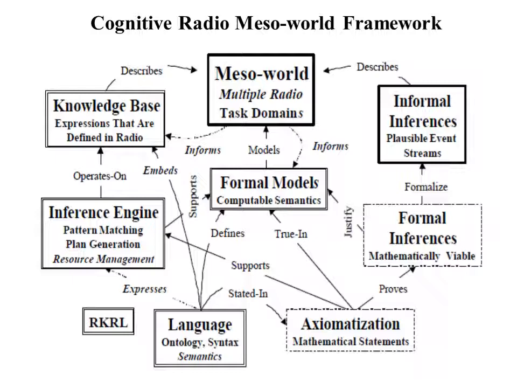Radio knowledge representation language also has a micro-world for each of its multiple knowledge bases, one for each major subdomain of terrestrial wireless. Finally, RKRL describes inferences that can be performed for task domain automated reasoning. These meso-world components describe and control conventional SDR components, which includes both hardware as well as software.